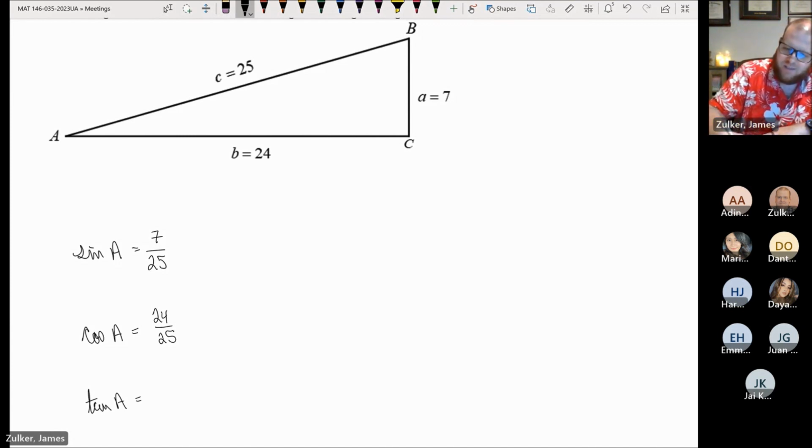Tangent, opposite over adjacent. Secant is hypotenuse over adjacent.